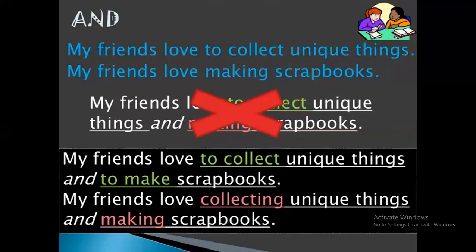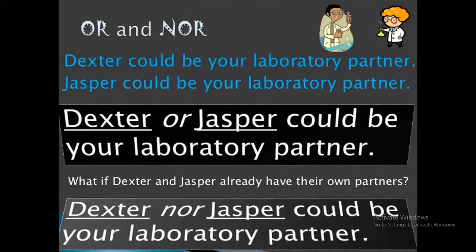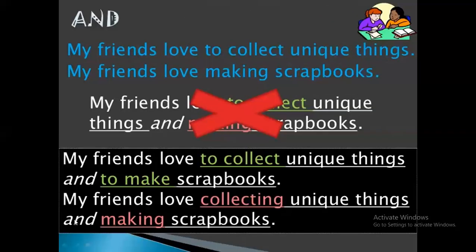This to infinitive is a non-finite verb, and this word here, we have made a gerund out of it. So this or the participles, these are all forms of verbs, but now they are called non-finite verbs. So we do not use different kinds of non-finite verbs in one sentence. Let's move ahead.